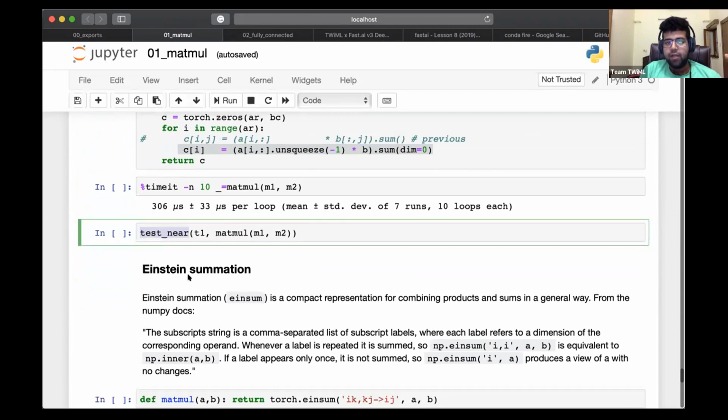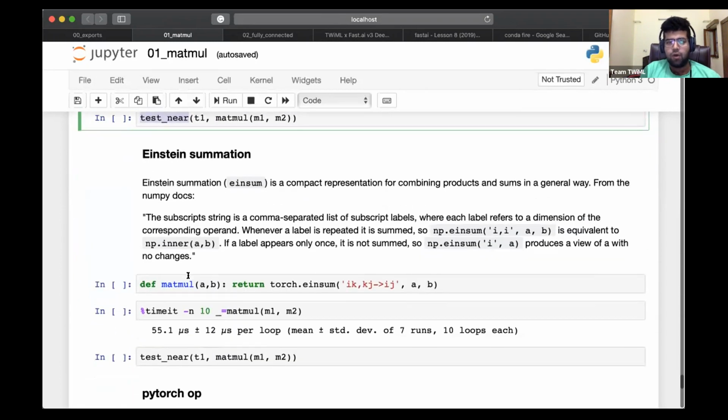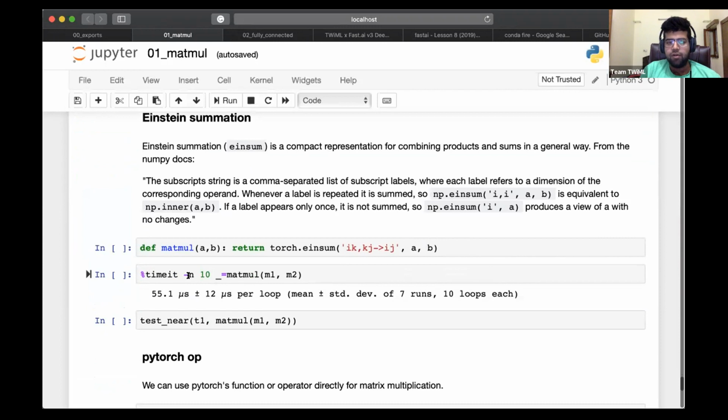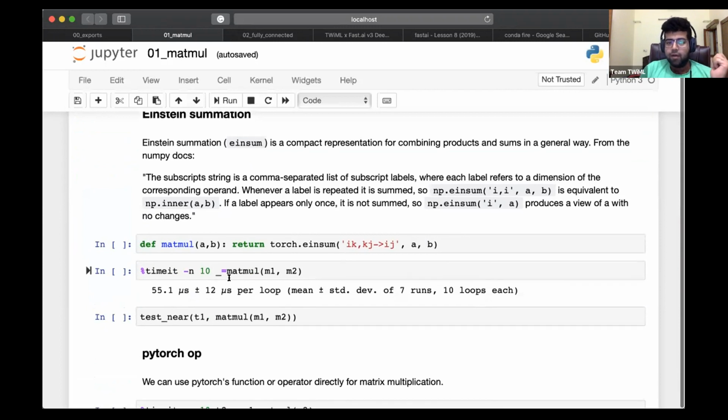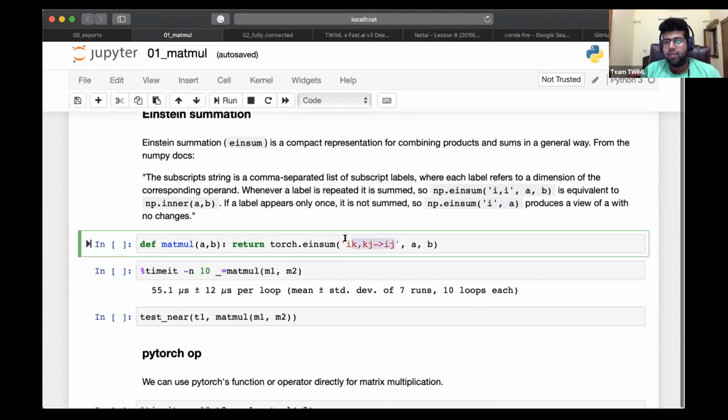Followed by that, we were introduced to Einstein summation, which, from what I understood, is again fast. But Jeremy was not very appreciative of this in the sense that we're writing something inside of a string which is being used to multiply two tensors. So this is just a notation where you mention the first matrix dimension followed by the second matrix dimension, which gets mapped to your target matrix dimension.